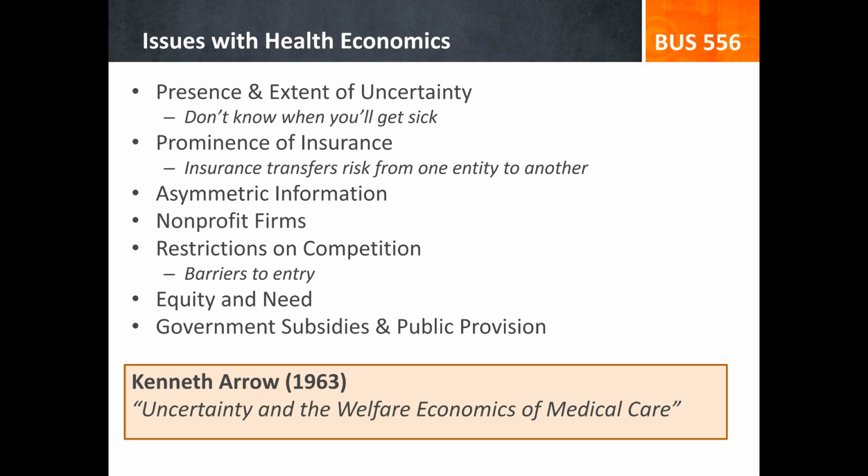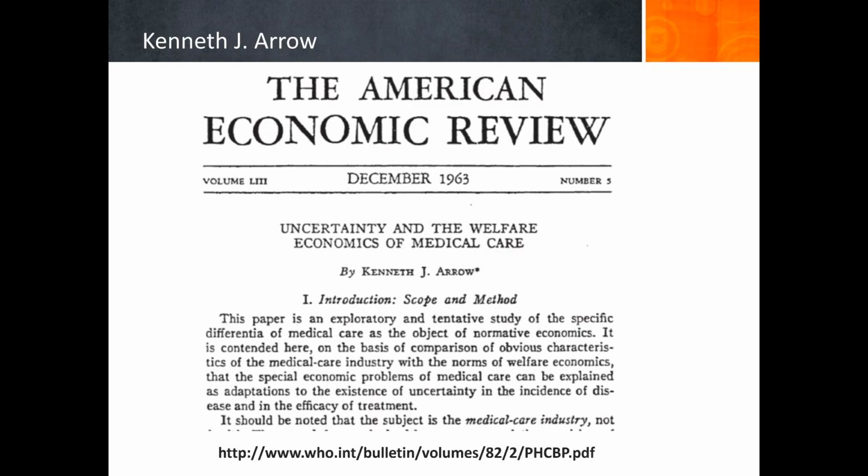And then we'll talk about Kenneth Arrow. So he wrote a paper in 1963 called The Uncertainty and the Welfare Economics of Medical Care. And in that paper, it's beautifully written. I have the link below if you'd like to take a read. But in there, he lays out the fact that a consumer doesn't know when they get sick, and that uncertainty leads them to demand healthcare because they want predictability.